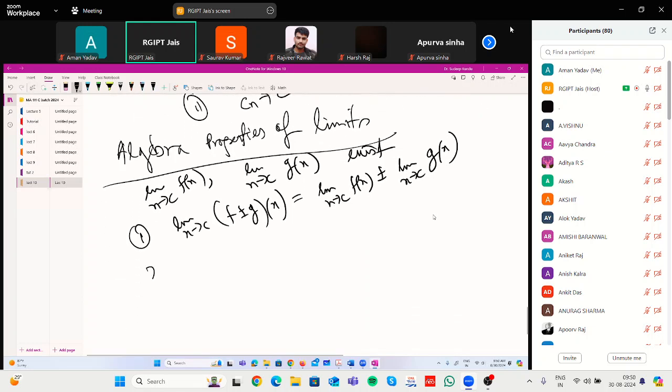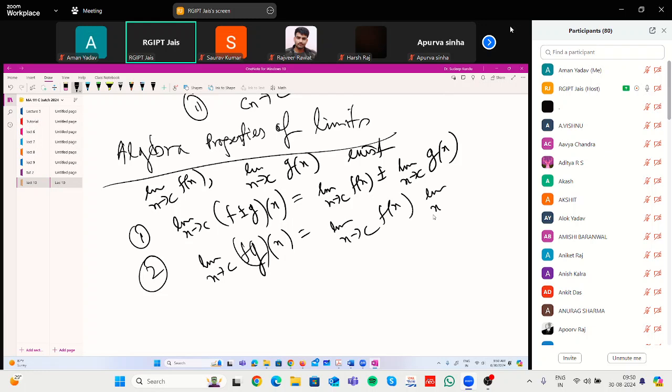Similarly, for the limit x tends to C of f of x times g of x, it will be equal to the product of the limits. Similarly other properties will hold.